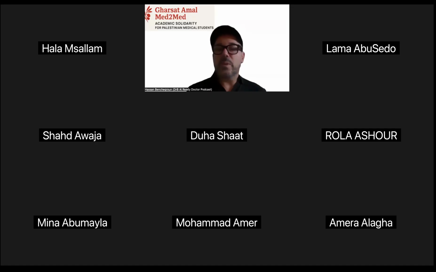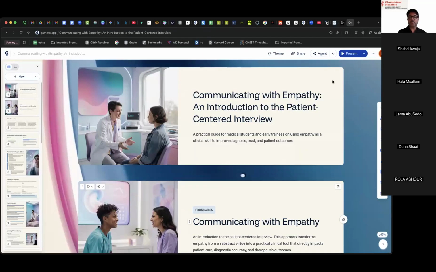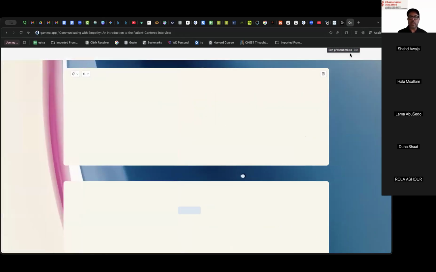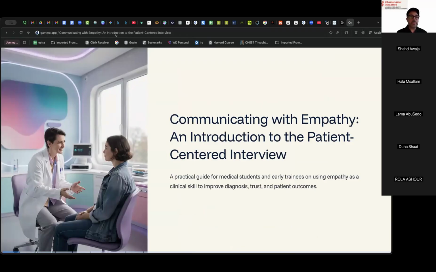So let's put something more visual in front of us. When we are talking about communicating with empathy, everywhere you go, inshallah, if you have the chance to go somewhere else in order to continue your medical studies, what you will see is that we call everything patient-centered.